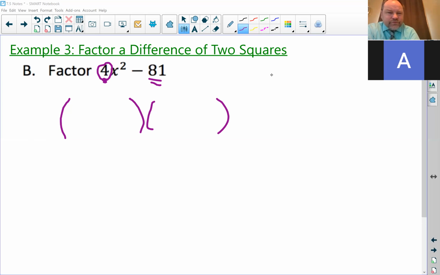Yeah, perfect, 2. So that means we're going to have 2x plus something and 2x minus something. And that something comes from the minus 81 here. What number times itself is 81?